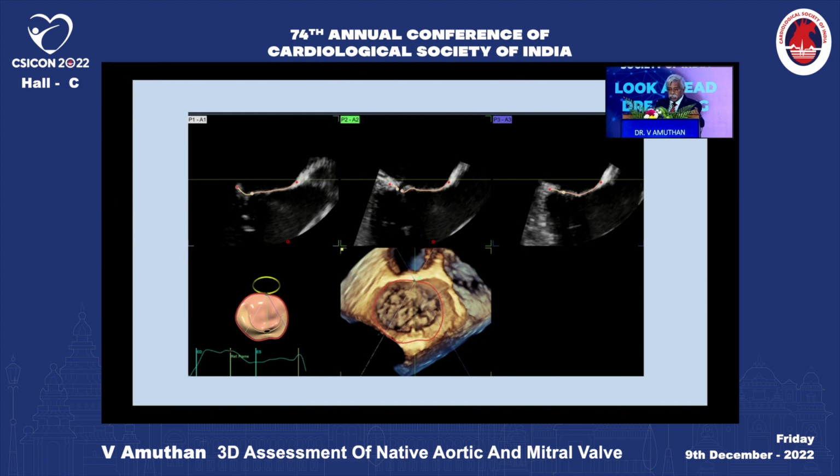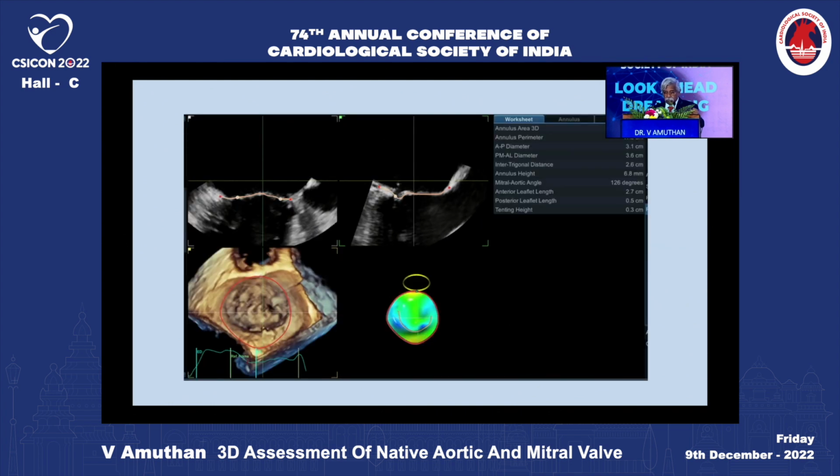This is another technique which is called as the mitral valve quantification technique, which is very useful for surgeons who do the mitral valve repair procedure for patients with mitral regurgitation due to mitral valve prolapse.